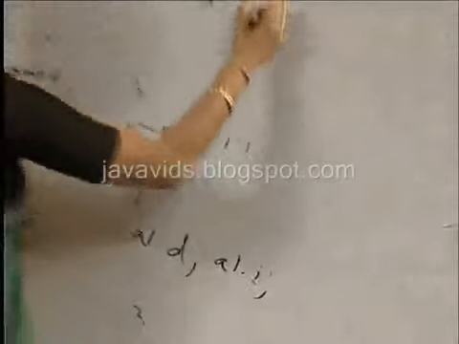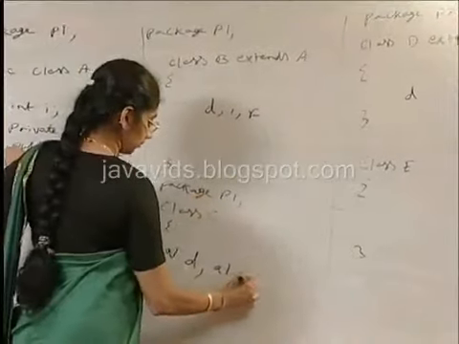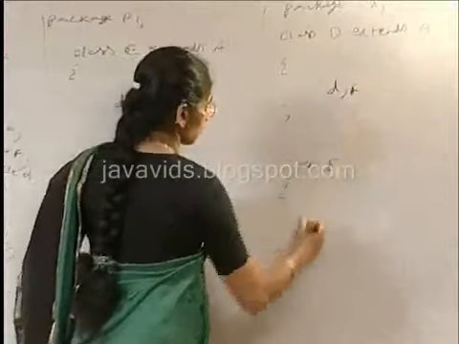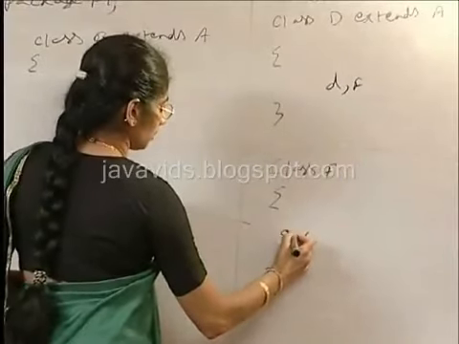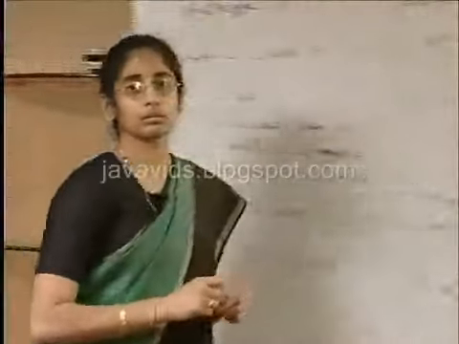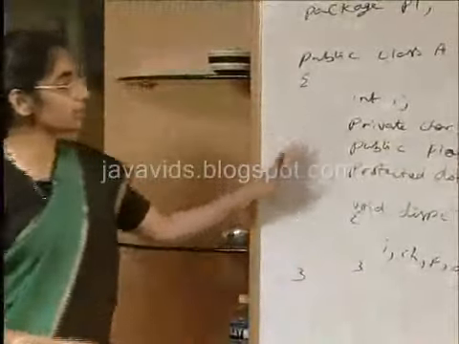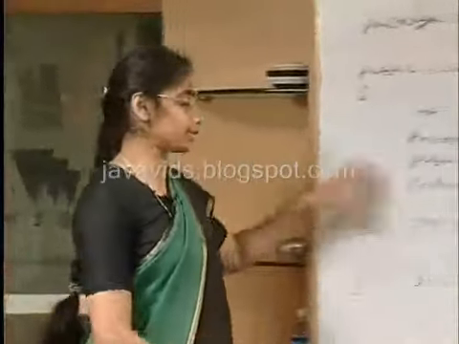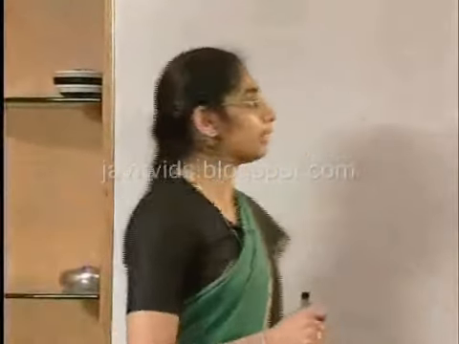Whereas a public member can be accessed from anywhere. So this is the scope of all the access specifiers. So that's about the access specifiers.